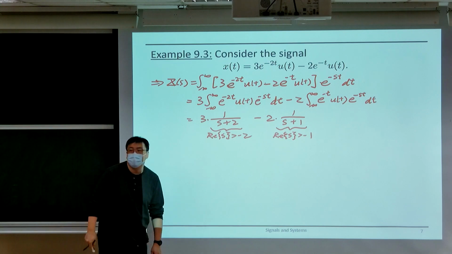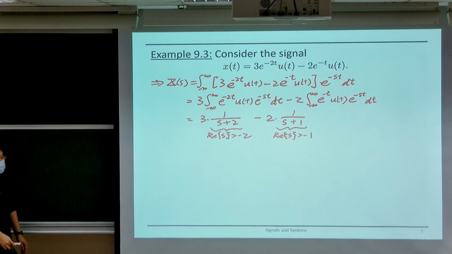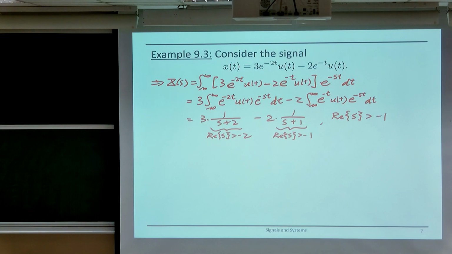The real part of s must be greater than minus 1. So your region of convergence should be the intersection of the two, which requires the real part of s to be greater than minus 1.